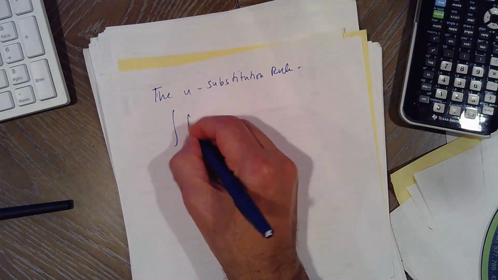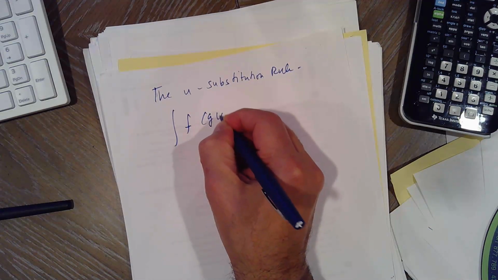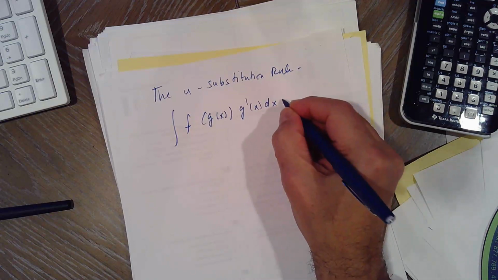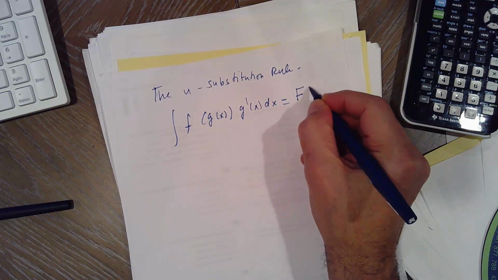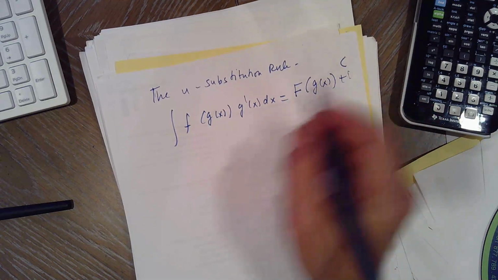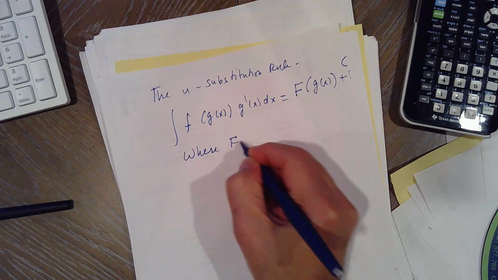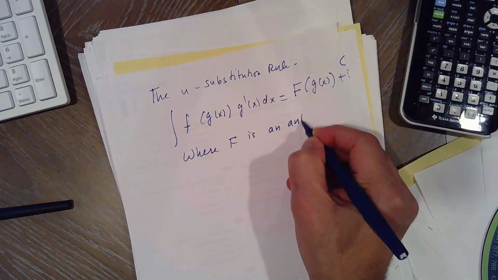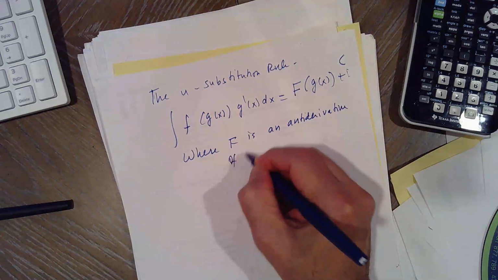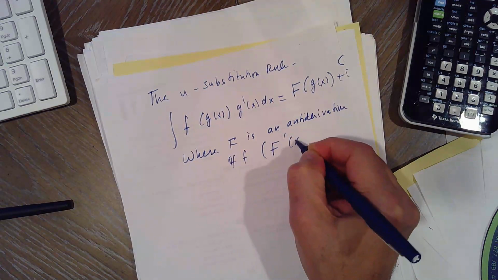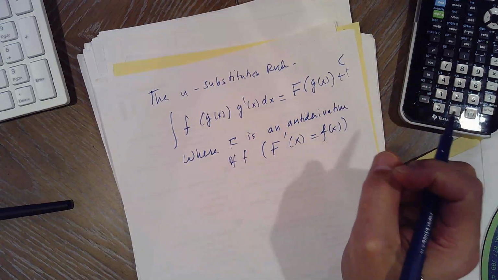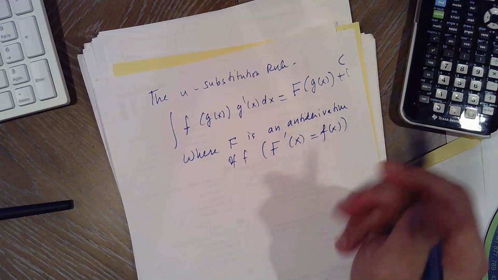If you're doing the integral of f of g of x, g prime of x dx, that's big F of g of x plus c, where big F is an antiderivative of little f, which means the derivative of big F is little f for all x in I, where I is the interval where f has a range.